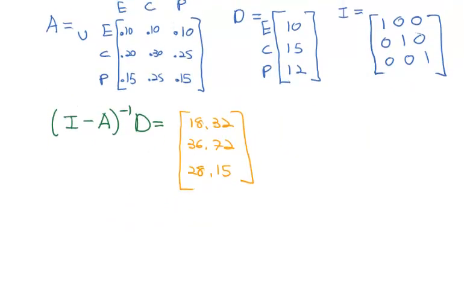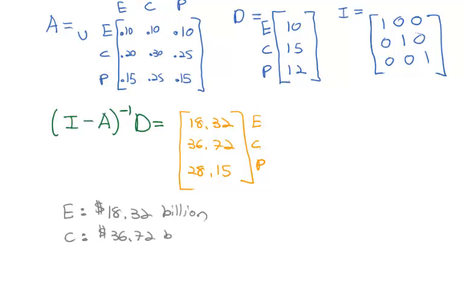And so that's what each sector, the electrician, carpenter, and plumber, should make in this economy. The electrician's making $18.32 billion. The carpenter sector is making $36.72 billion. And the plumber sector is making $28.15 billion in this economy.